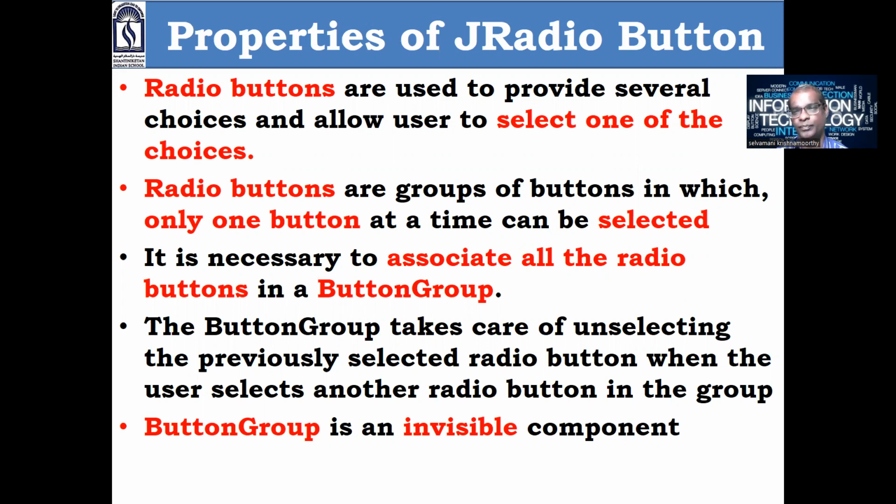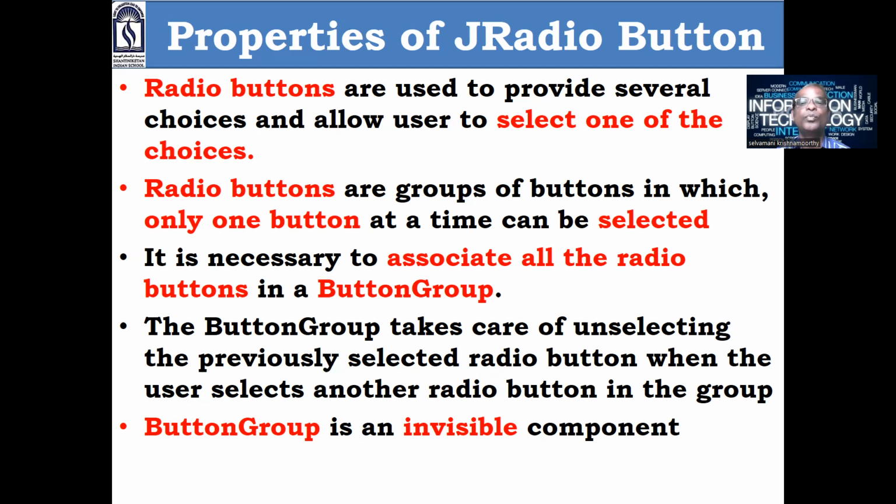There are two choices. You need to select any one. You should not select both, or the application should not allow you to select both. If male is selected, automatically female needs to be deselected. If female is selected, automatically male should be deselected. In this case, we can proceed with a radio button.